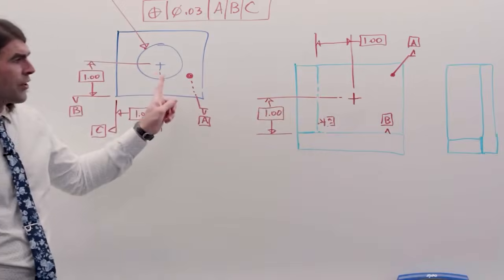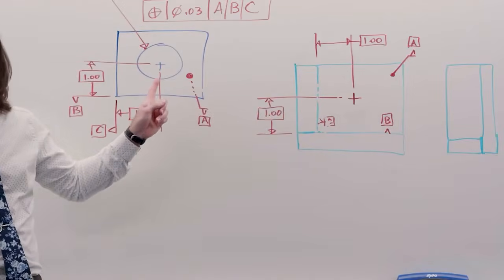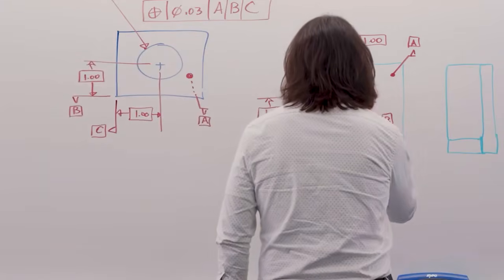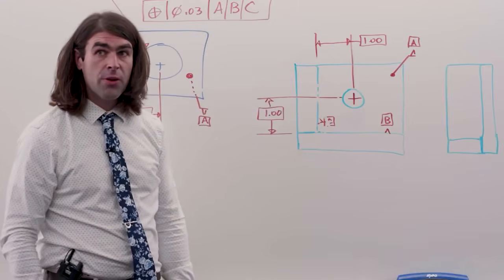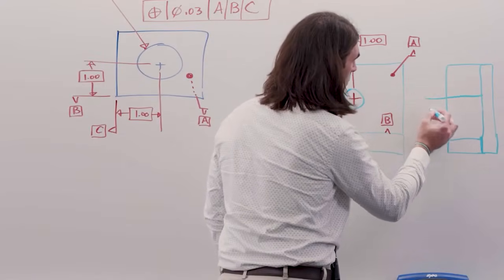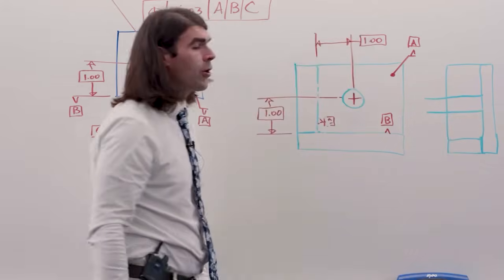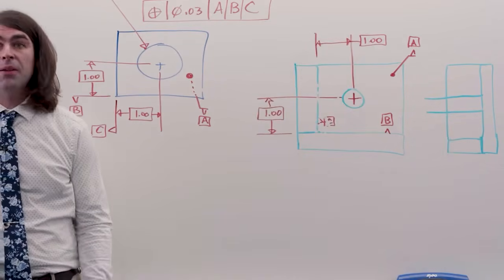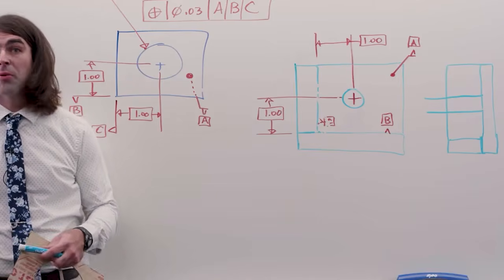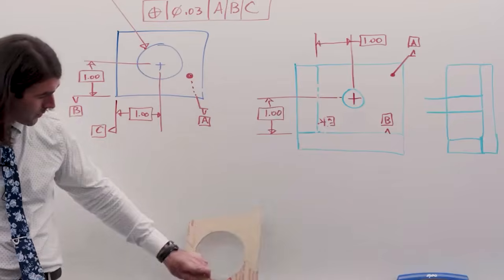A is controlling the perpendicularity of the part. So if you imagine our round tolerance zone right there, that tolerance zone is also perpendicular to A in almost all cases. Okay, so that's what A does in this case, or the primary datum feature.